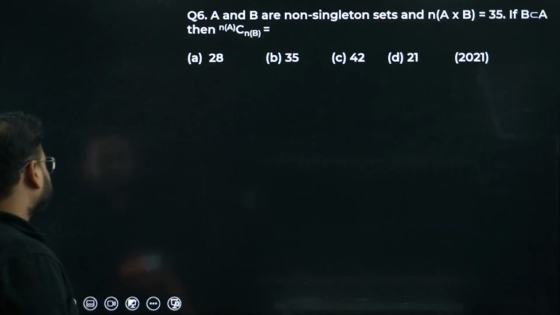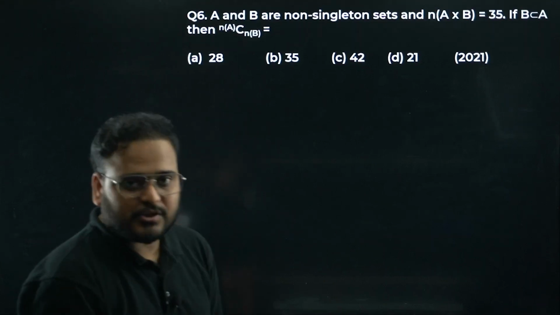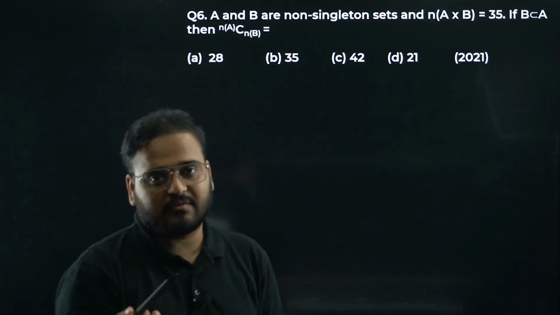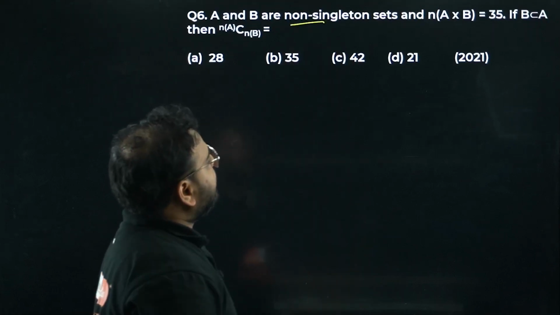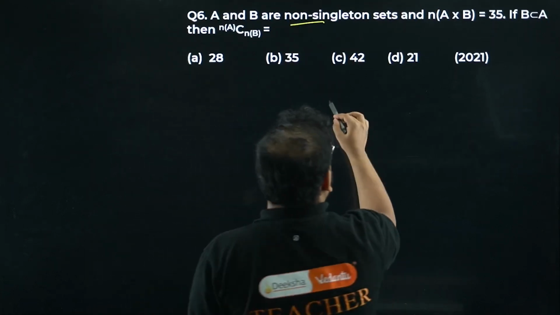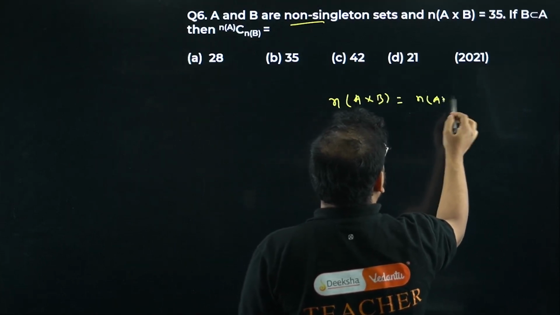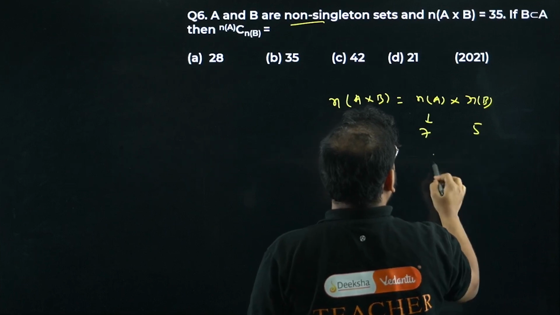Now 6. A and B are non-singleton sets, means more than one value has to be there in A and B. So n(A cross B) is 35. Basically n(A) into n(B), I can have this as 7 5 or 5 7.